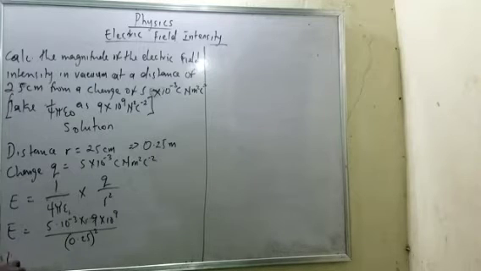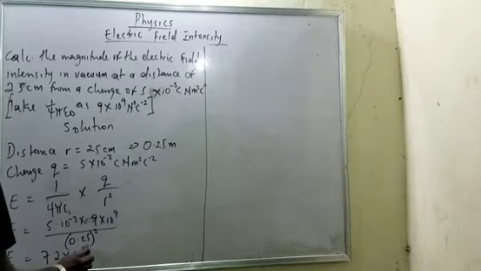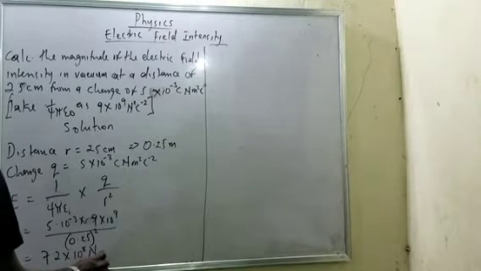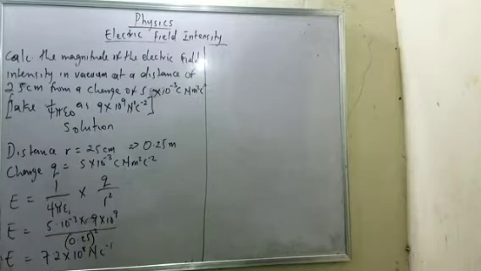With the help of my calculator, it comes to 7.2 multiplied by 10 raised to power 8 Newton per coulomb. That is my answer.